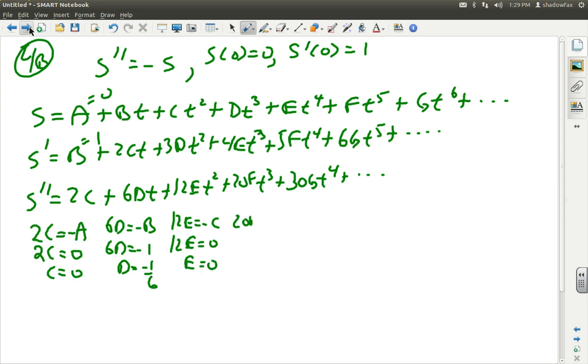And 20f is the opposite of d, but d is negative 1/6, so 20f is positive 1/6, and so f is 1 over 120. And 30g is the opposite of e, but e is 0, so g drops out. So let's rewrite that answer.